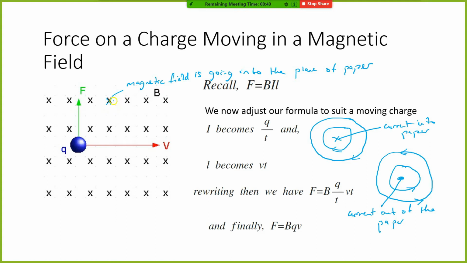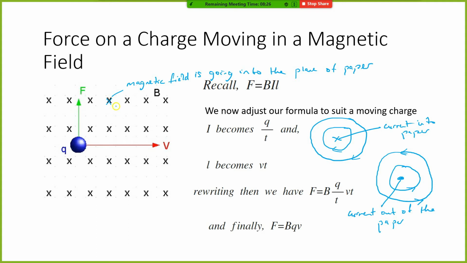So the X here means that the magnetic field, rather than the current, is going into the paper. What if you were to see some dots? The dots would mean that the magnetic field is going out of the paper.